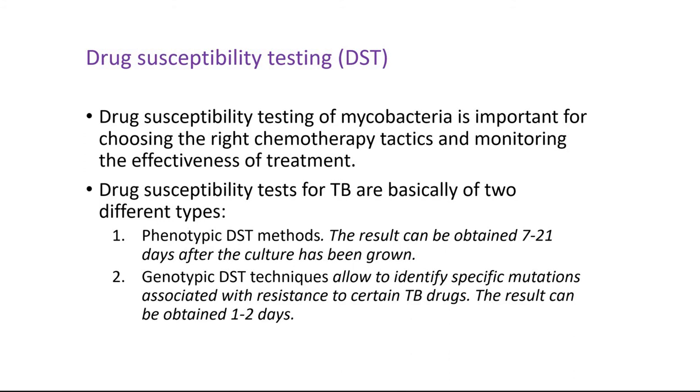And the second type is genotypic drug susceptibility testing techniques, which allow identifying specific mutations associated with resistance to certain TB drugs. The result can be obtained in 1-2 days. Additional information about types of drug resistance you can find in the mandatory part of materials on TUIs.